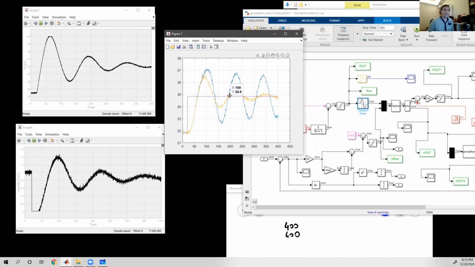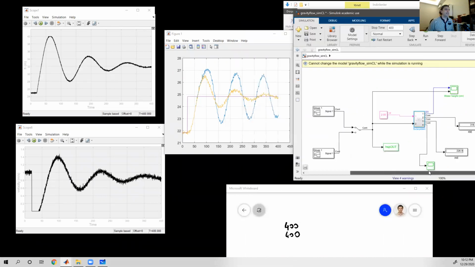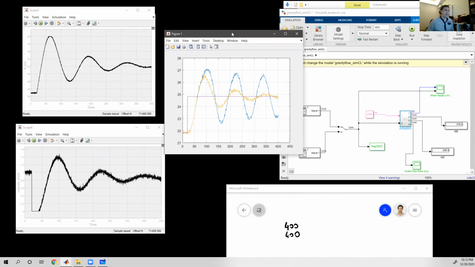And how do we understand that it's a better result? Because these integral absolute error and integral squared error values are smaller. But more important than that, there are a couple of things we need to consider in responses to understand whether a control is good or not. One of them is overshoot.